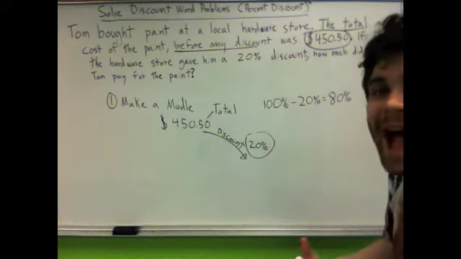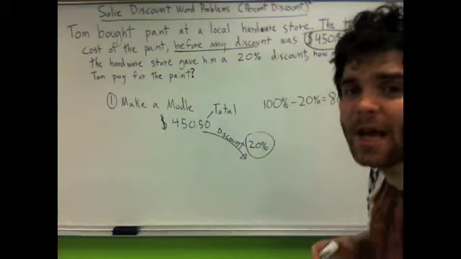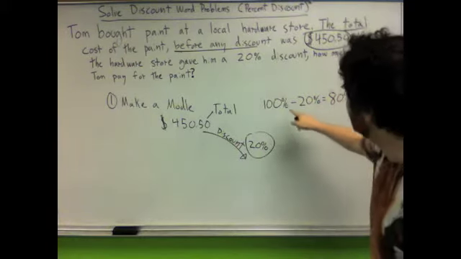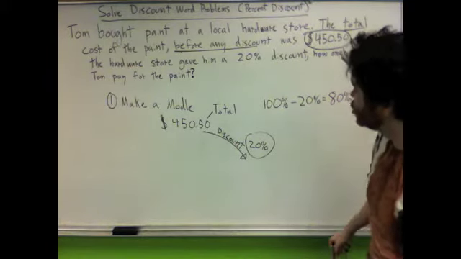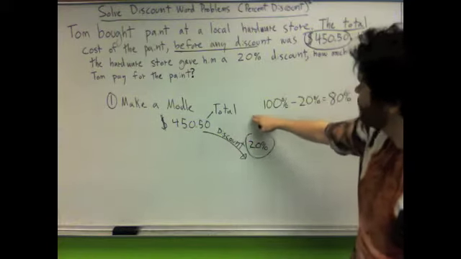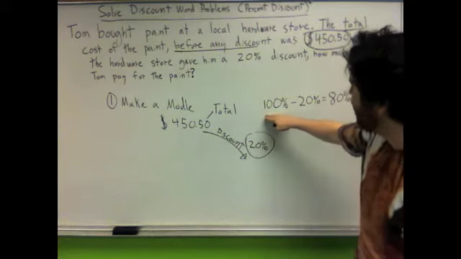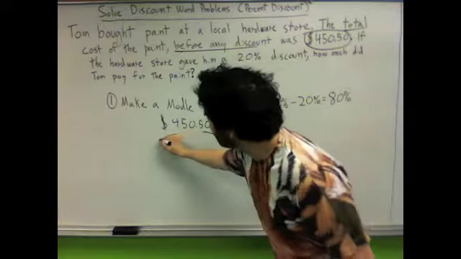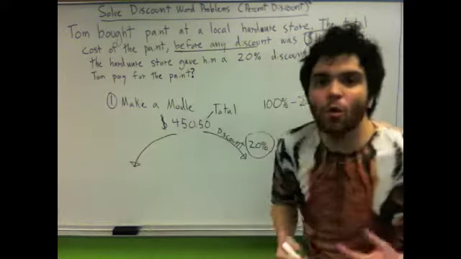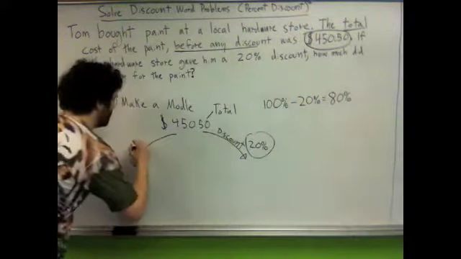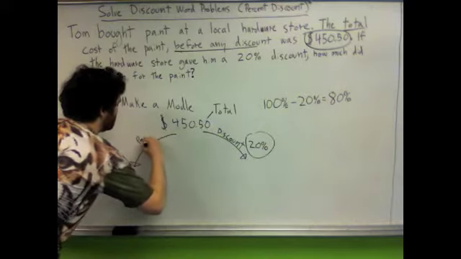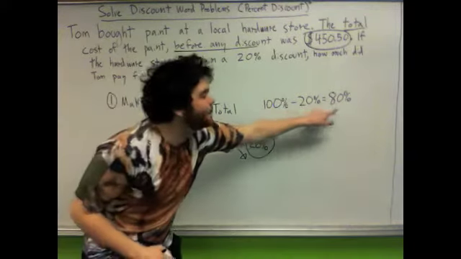Percents work when you add and subtract them just like whole numbers. The only difference is you got to keep this percent sign. So we subtracted our discount from the total of 100%. And we now know that we are going to have to pay 80%.